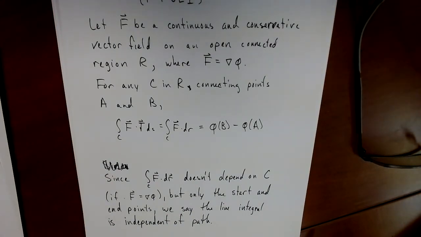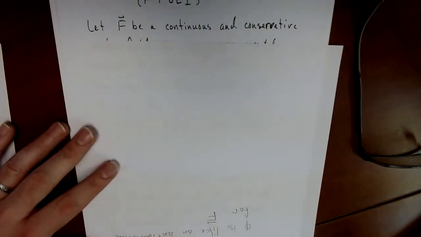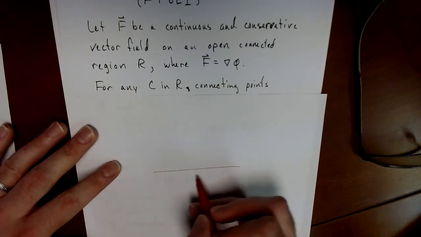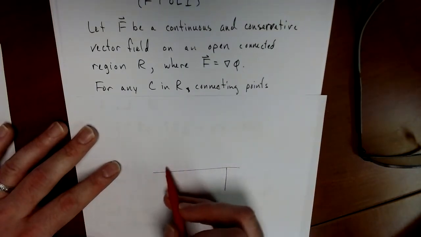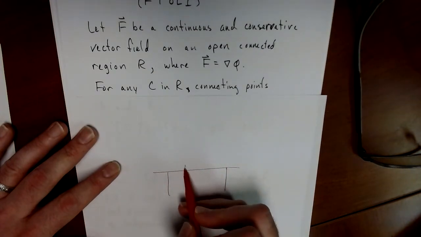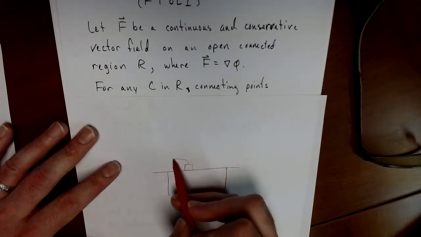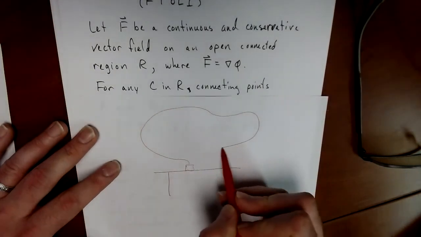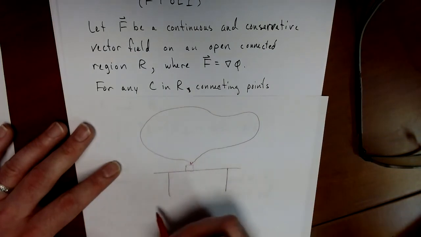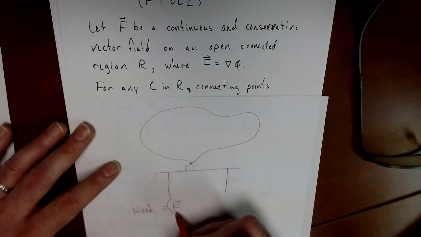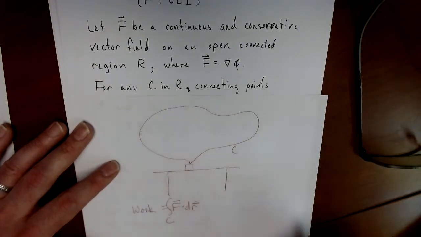This is why, by the way, back in high school, this is a table, it's not a pie, it's a table. If you have an object, a block sitting on the table, and we move it around, and then we pop it back down in the same spot, the work done, remember work equals the integral of f dot dr over c, there's my path c.